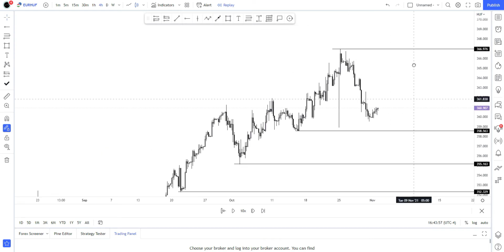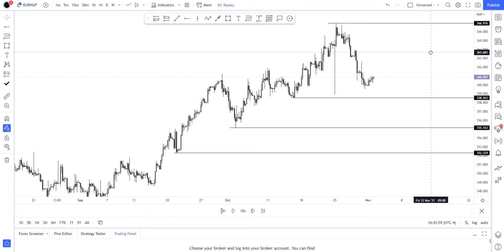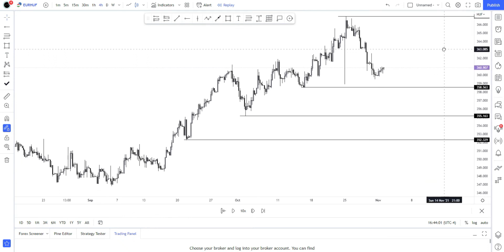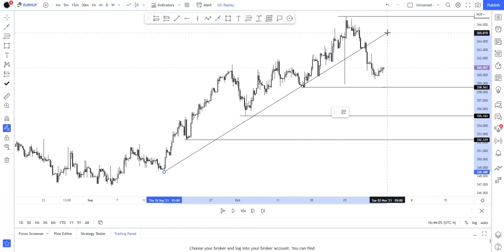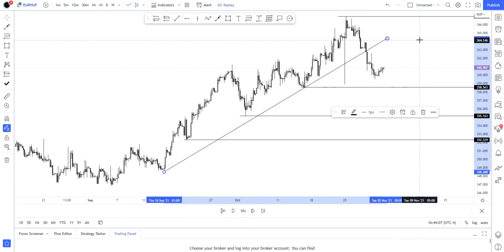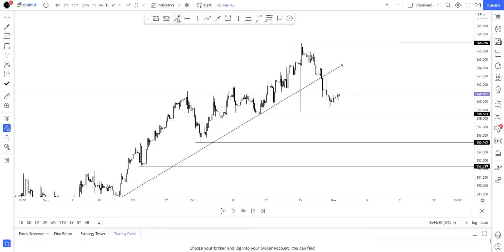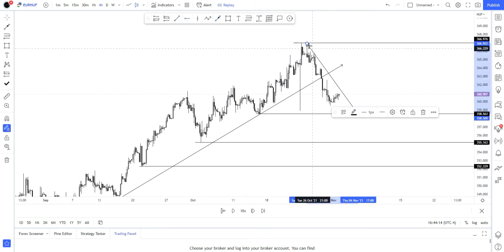All right, so looking at this market right now on the H4, it looks like the market is in an uptrend, right? So if we took the lows to the highs, it looks like the uptrend was broken, then the market started to do what appears to be a downward trend. I'm not trying to make these lines perfect.